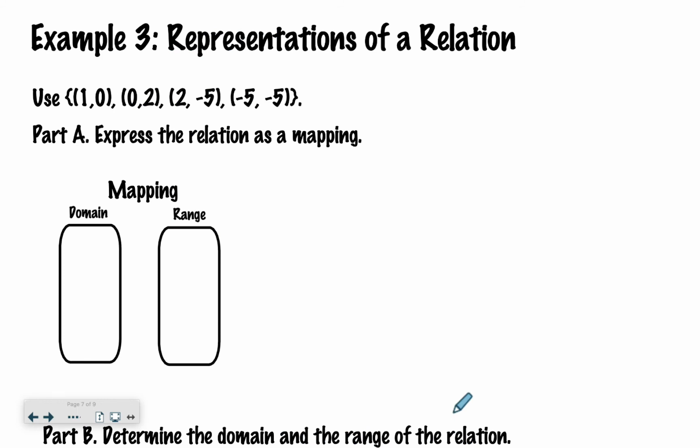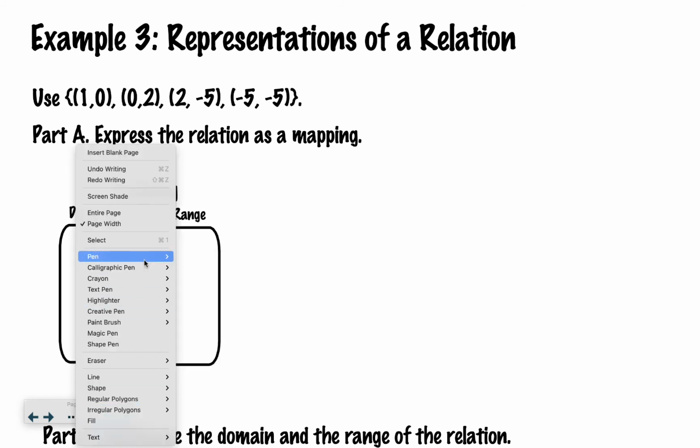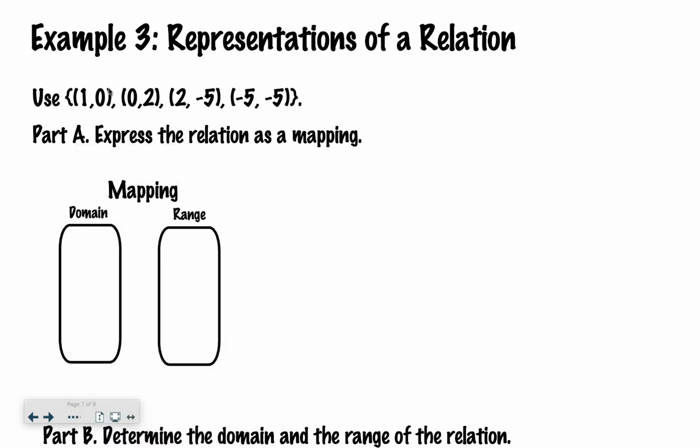Let's move on to our next example. So now we want to practice representing relations as something that's called a mapping. So a mapping is when you list the domain in one column, the range in the other, and then we're going to draw some arrows. So what I'm going to do first is take my x values and list them least to greatest.